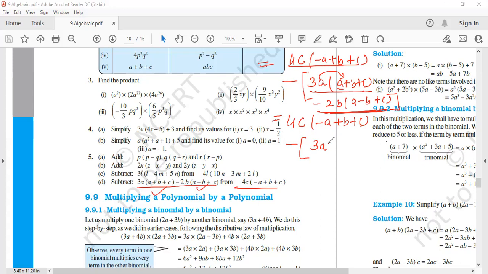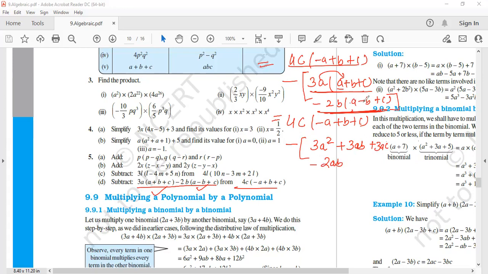So 3a will multiply with all the things. 3a multiply with a gives you 3a square. 3a multiply with b gives you 3ab, and 3a multiply with c gives you 3ac. And because now this is a minus sign, the sign will be changed when you are multiplying.